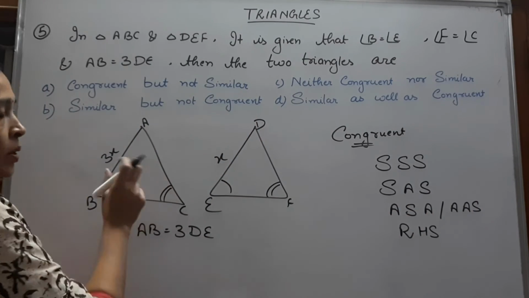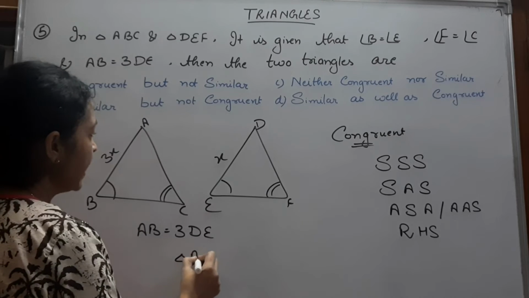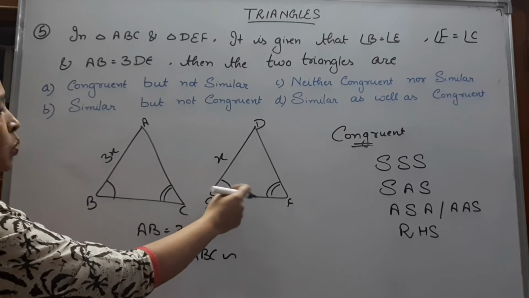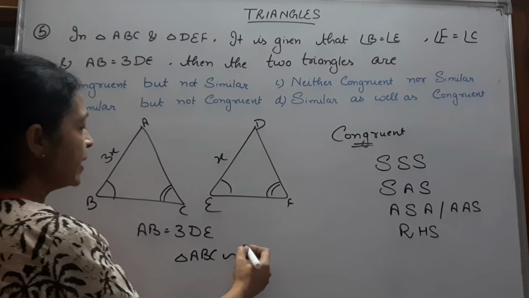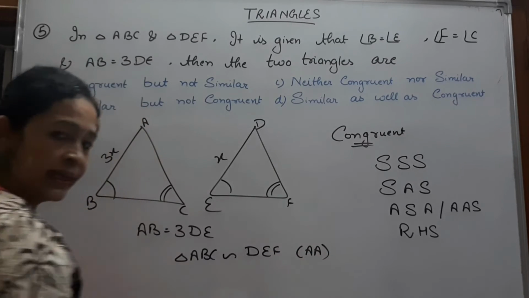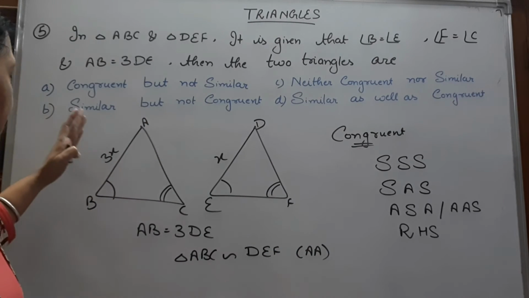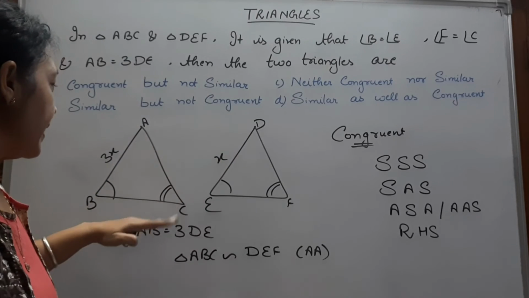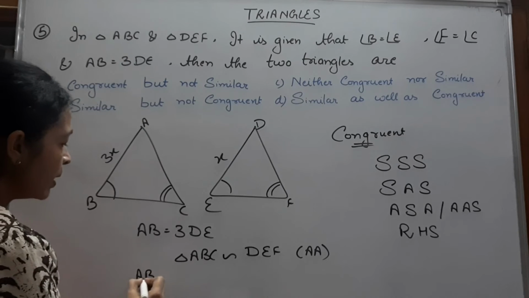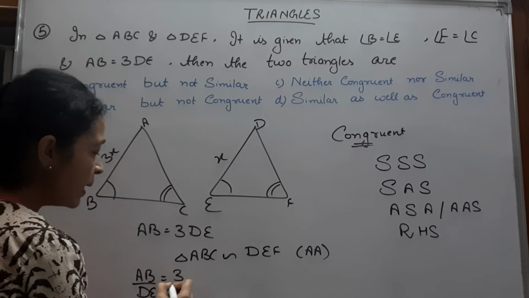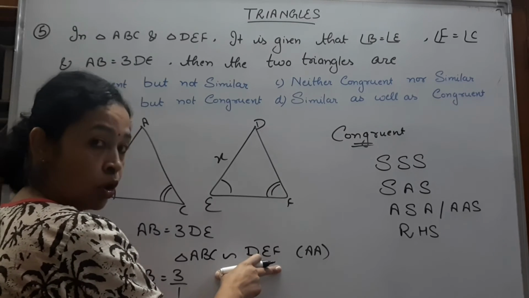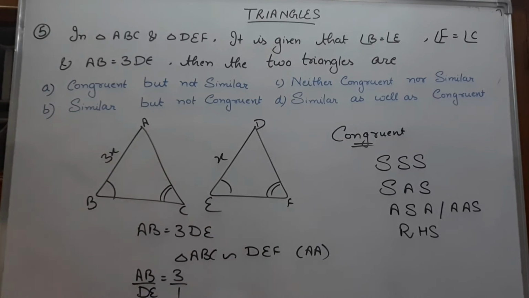But two angles are given, angle B equals angle E, and angle C equals angle F, so triangle ABC is similar to triangle DEF by AA criteria. And AB is not equal to DE, it is 3 times DE, or we can say AB upon DE equals 3 by 1. So triangles are similar but not congruent because AB is not equal to DE.